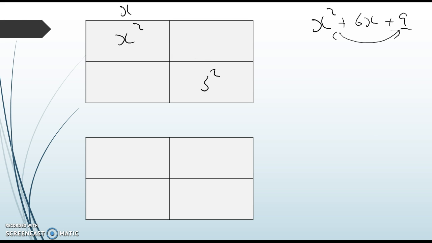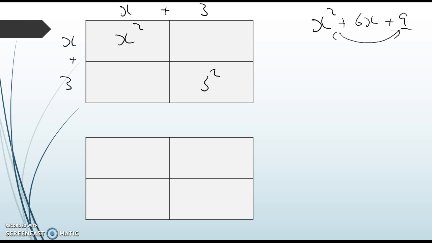So we have to have an x there and a 3 there, an x there and a 3 there. Because our middle term, our b term as it's called, is positive, both of these are positive as well. Let's see if this works.